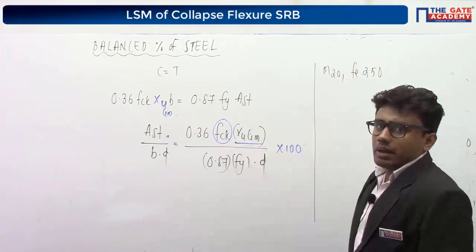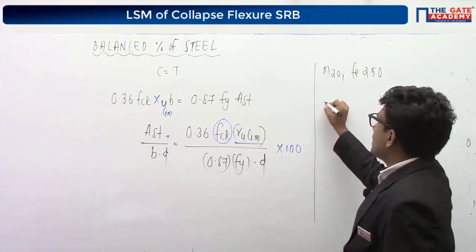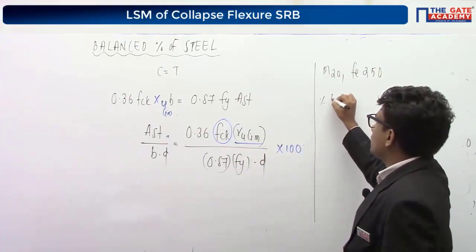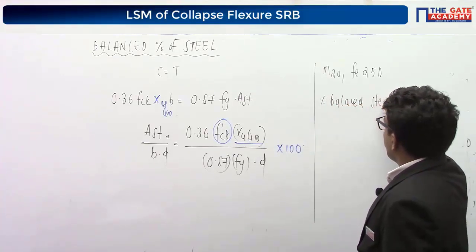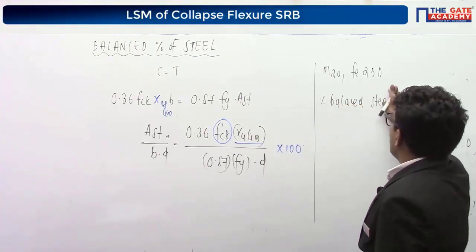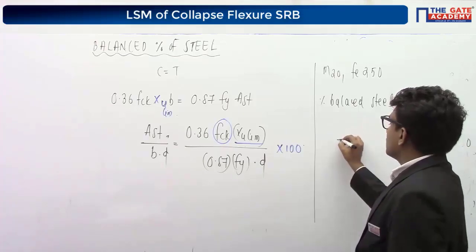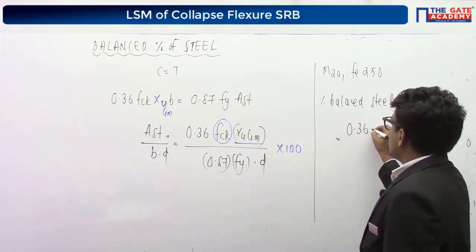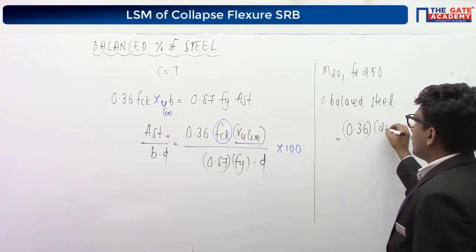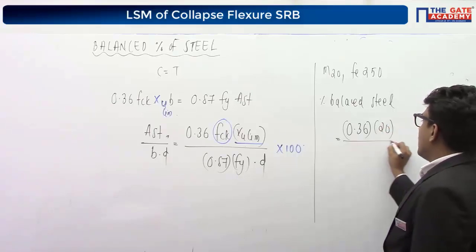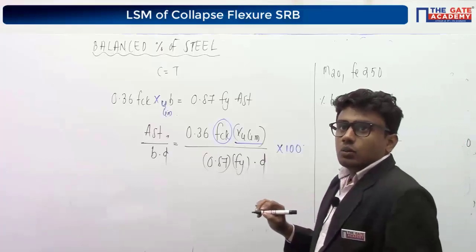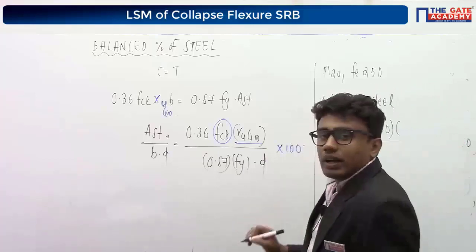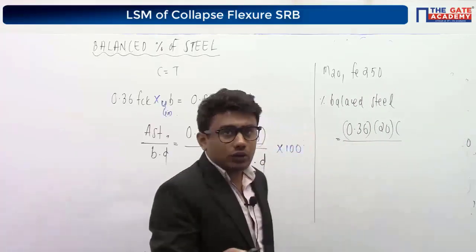We already know what the balanced percentage of steel is. To find it, 0.36, FCK will be 20, divided by the XU limit value for Fe250 grade steel. What is our XU limit value for Fe250 grade steel? It is 0.53D, right?